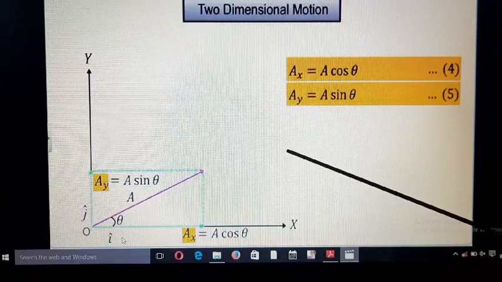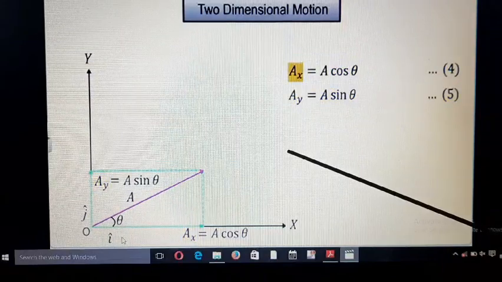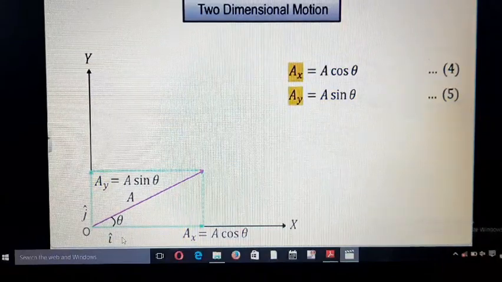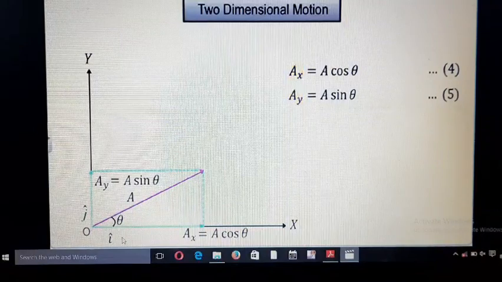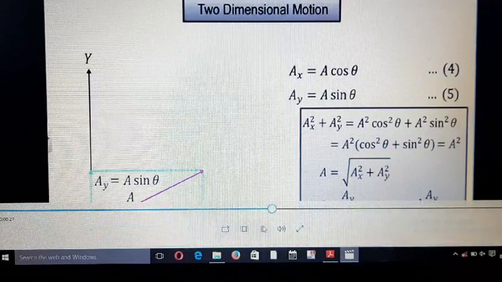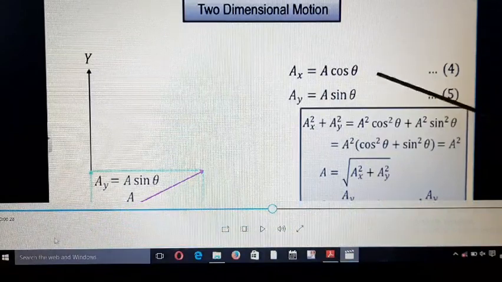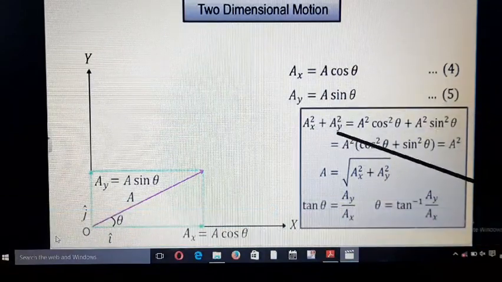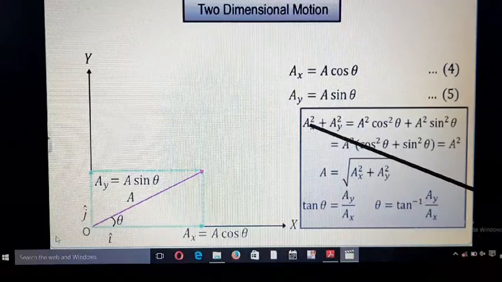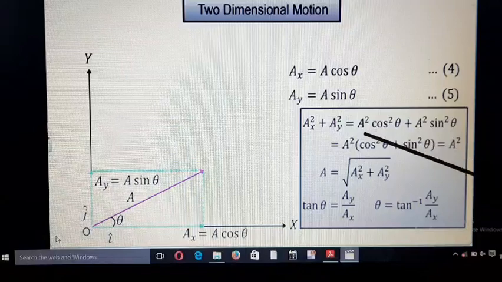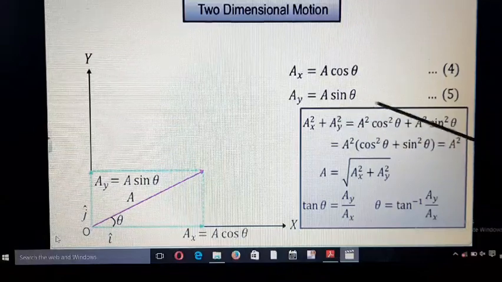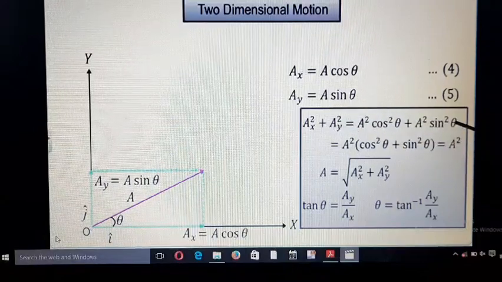And the values of Ax and Ay are substituted. Look here. Ax square plus Ay square. Instead of Ax square we can write down A cos theta, meaning A square cos square theta. And instead of Ay we can write down A sin theta, meaning A square sin square theta.